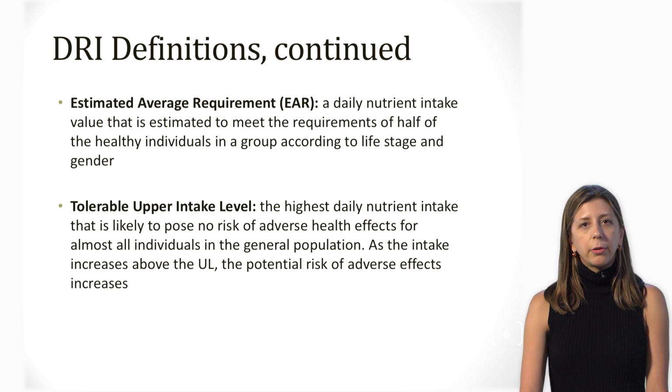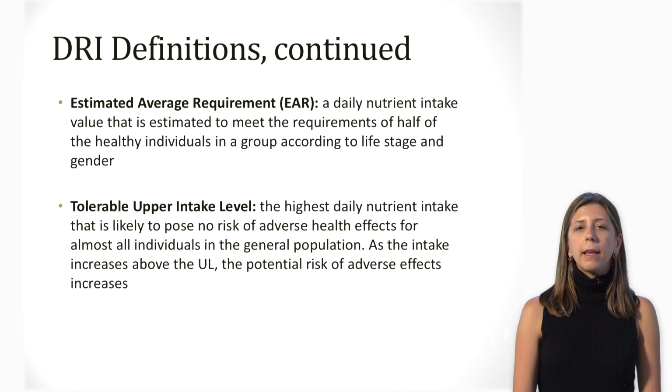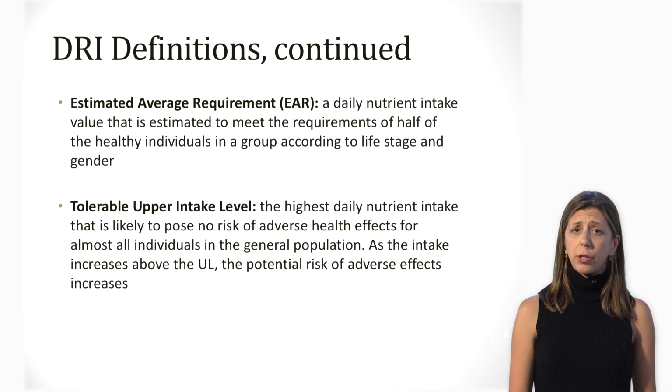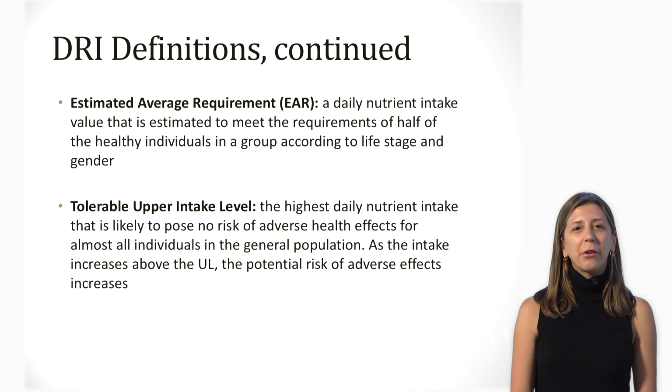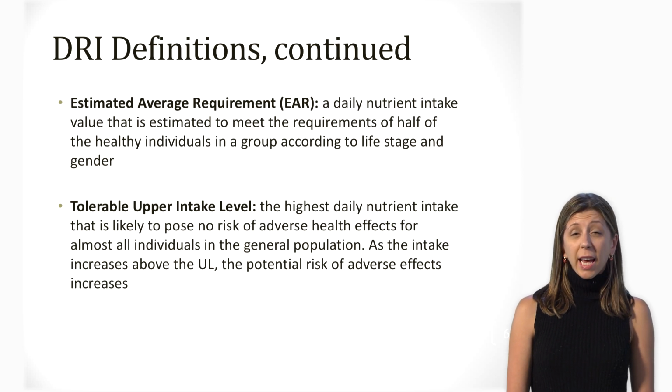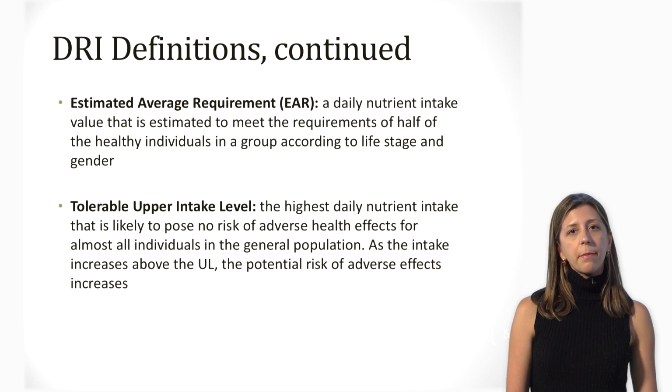So why a tolerable upper intake level? Well, I just call it a UL because that's much easier than saying this mouthful, but a UL really protects you from toxicity states, right? As we'll learn later on in this semester, for certain vitamins and minerals, you can have too much. So a UL exists to say, hey, this is the highest amount of this vitamin or mineral that you can safely consume.